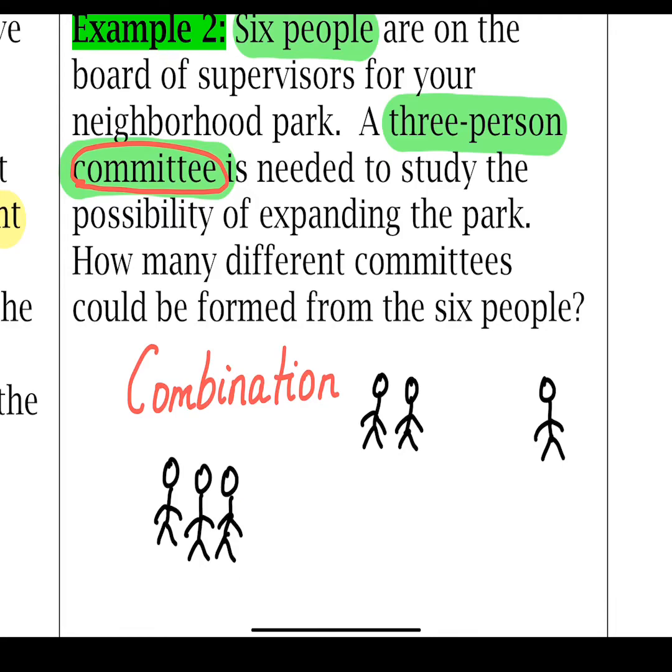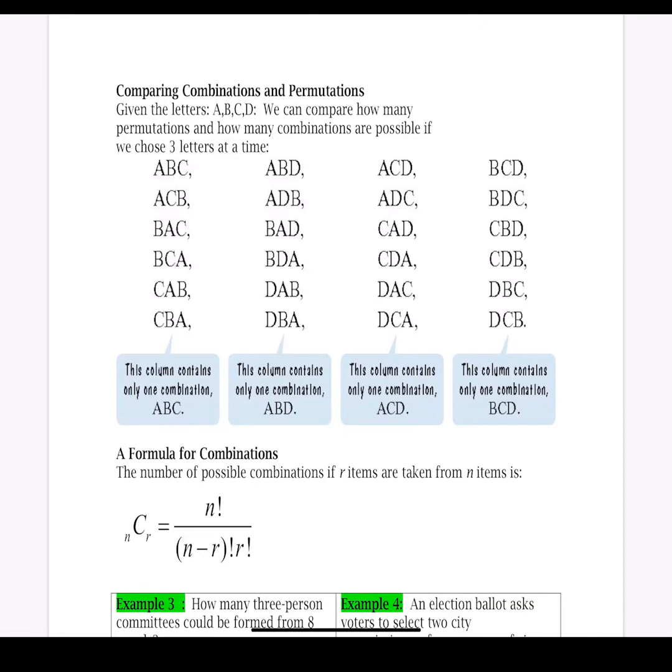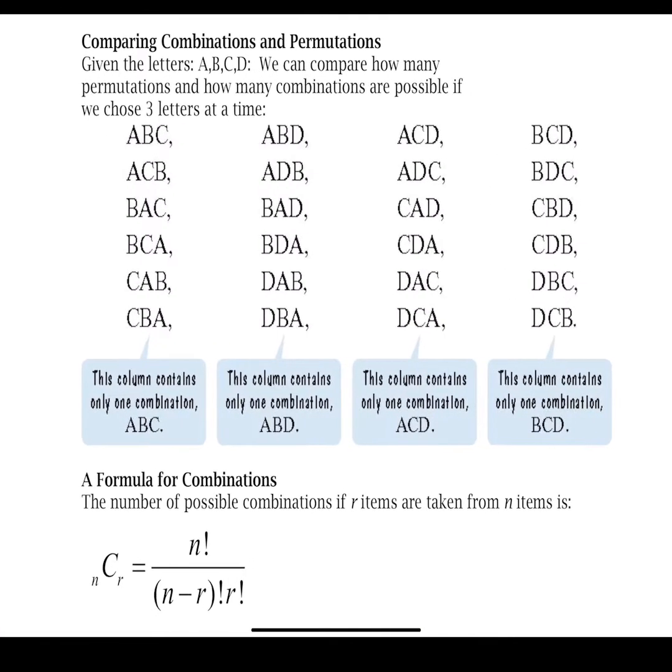Now let's see what exactly a combination means. Comparing combinations and permutations, you have A, B, C. Tell me the difference between a permutation and a combination. ABC is an order. ACB is a different order. BAC, BCA, CAB, CBA.